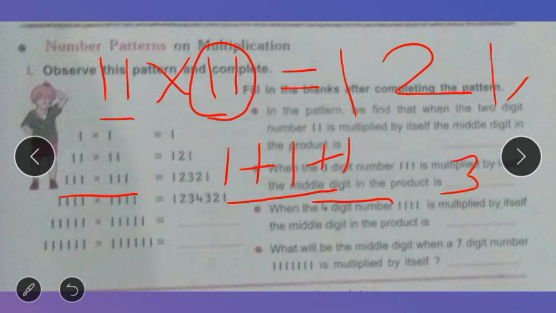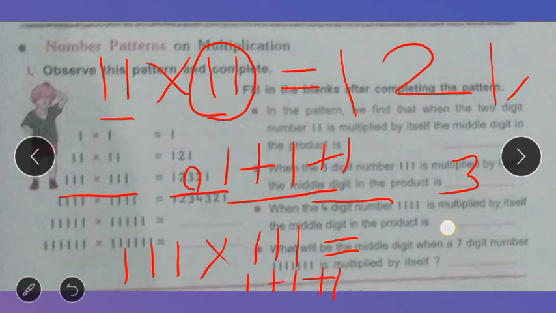That is the middle digit. See, 1 2 3 2 1. So the middle digit is 3. Got it? Then how are we doing this? We have 111 and we are multiplying by 111. We added these three digits, 1 plus 1 plus 1, and you got the middle number.